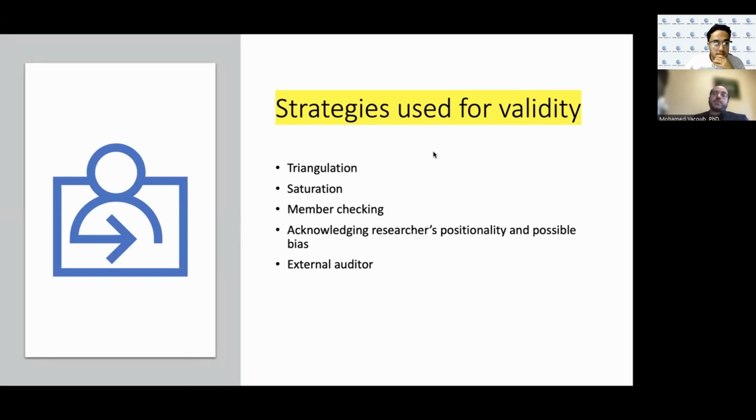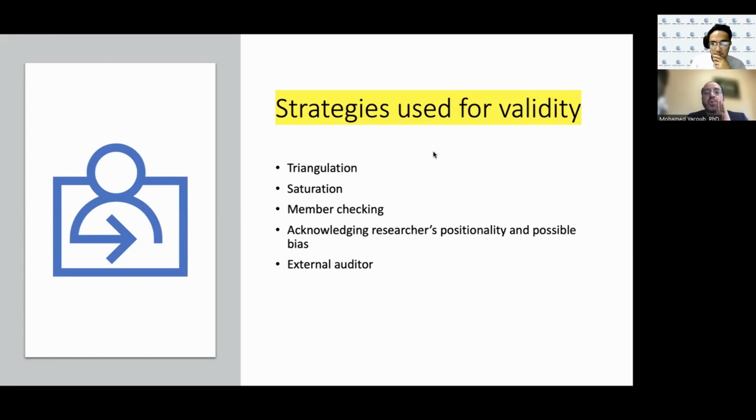Member checking. Sometimes when you do interviews, you would misinterpret or misunderstand something that a participant has said to you. The word member here refers to the research participants. You would go back to them and say, hey, I have interviewed you, I have transcribed the interview, and I have come up with my own analysis.